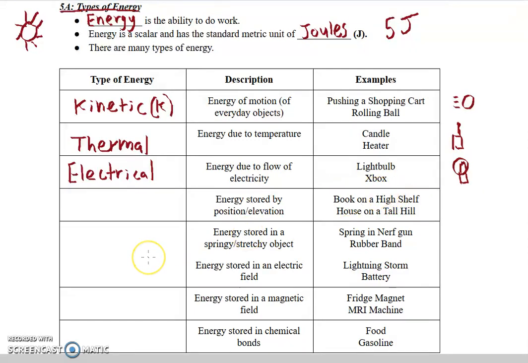The next four are all going to have something in common. They're all going to be types of potential energy. Meaning that potential energy is a type of energy that is stored, basically, in an object that can be released later. So the first type is going to be gravitational potential.